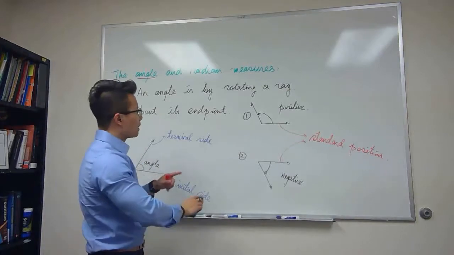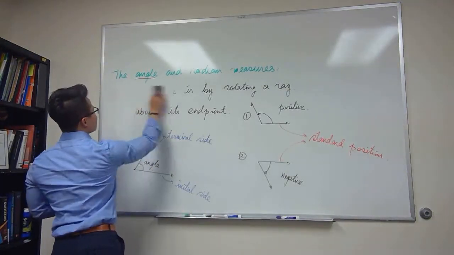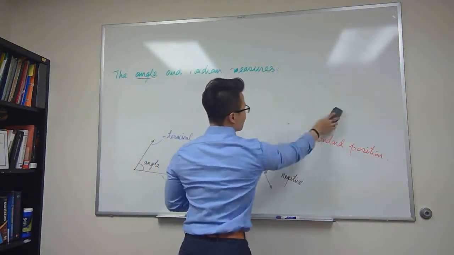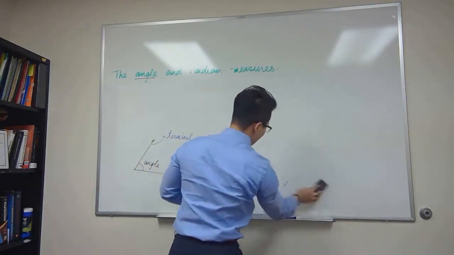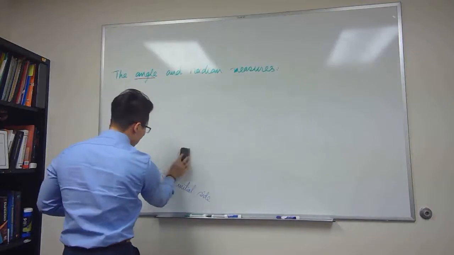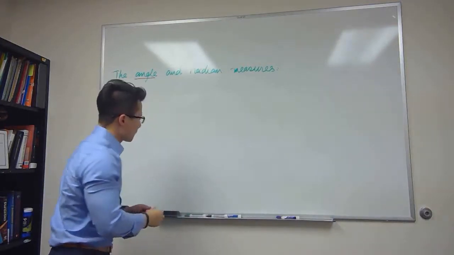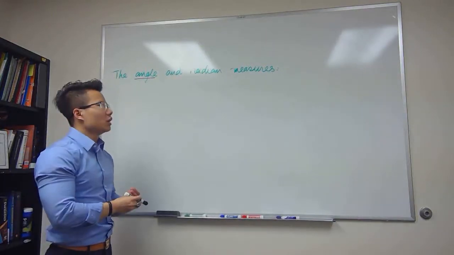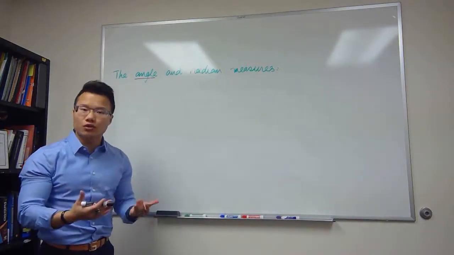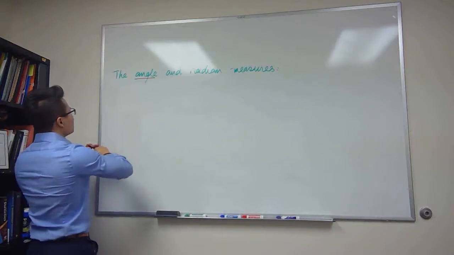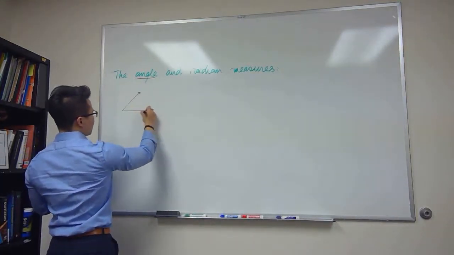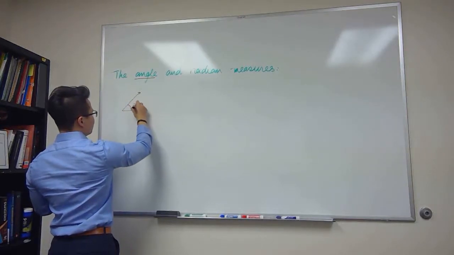So after we talk about the standard position, let's take a look at how to represent an angle numerically, by using numbers to represent the angle. Okay, so first of all, we're going to represent the angles in degrees. We can write a 30 degree angle, which is somewhere in here.